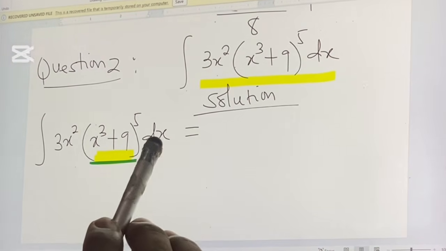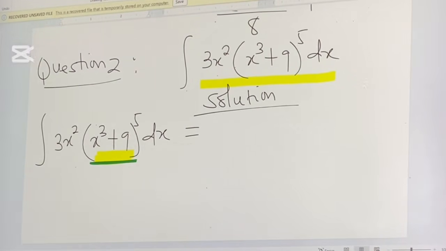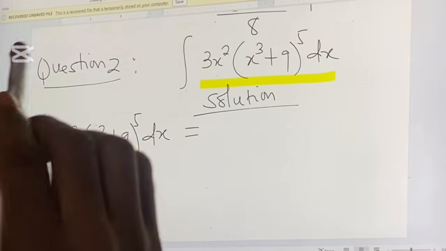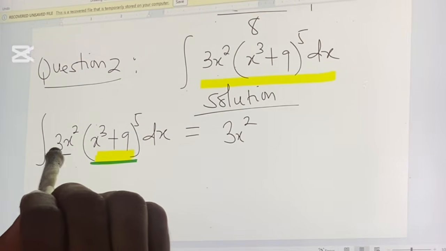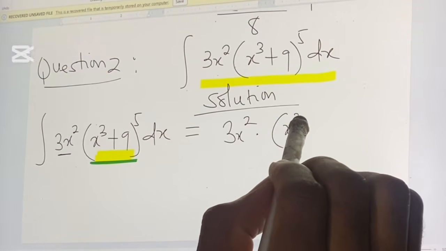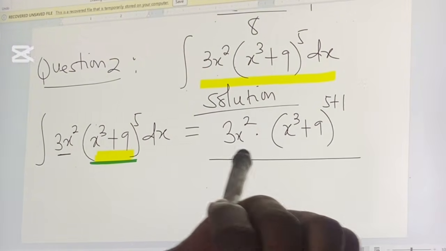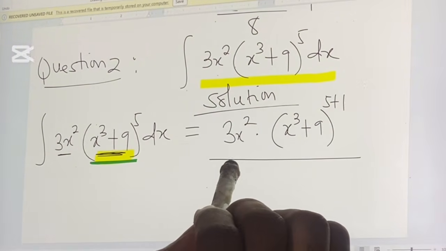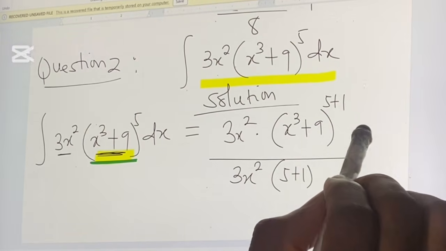To integrate a chain function, we add 1 to the power, divide by the derivative of the inner, and multiply it with (n + 1). So I will have 3s squared, that is this here, times, let's integrate this, (s raised to the power of 3 + 9) all raised to the power of 5 + 1 over the inner derivative, which will be 3s squared into (5 + 1), plus c.